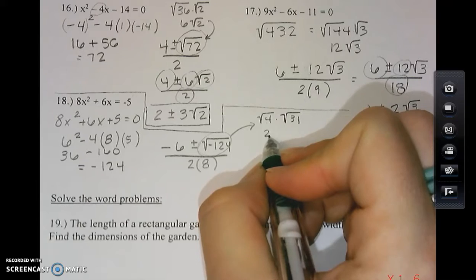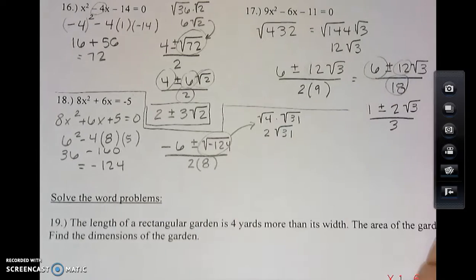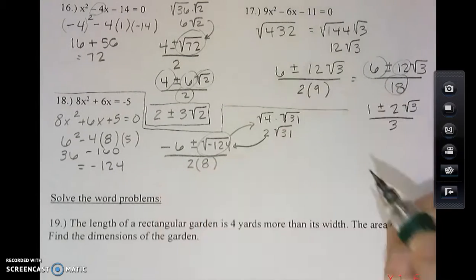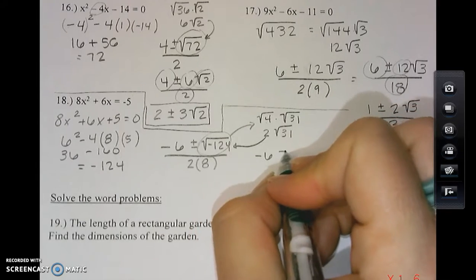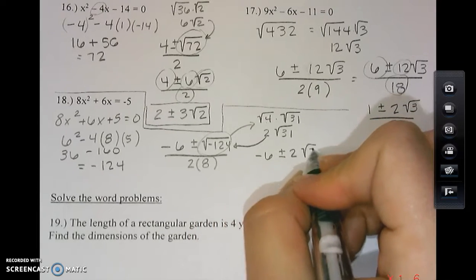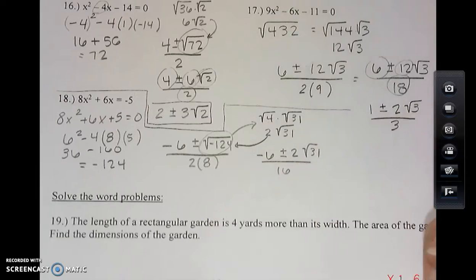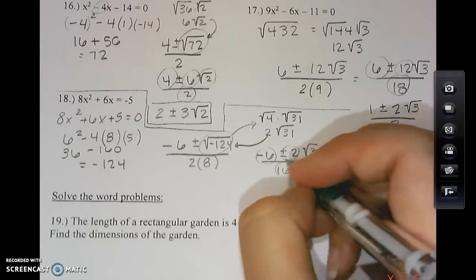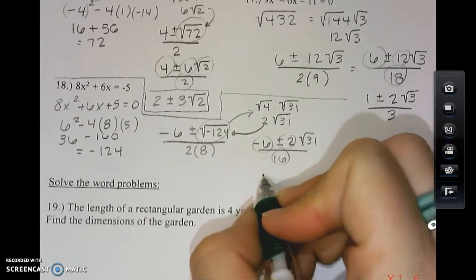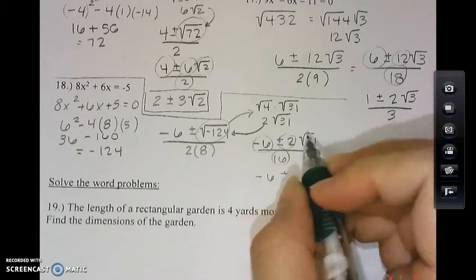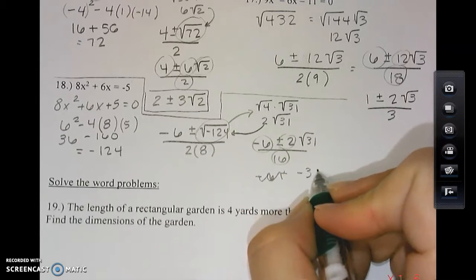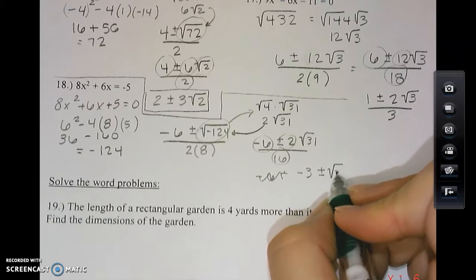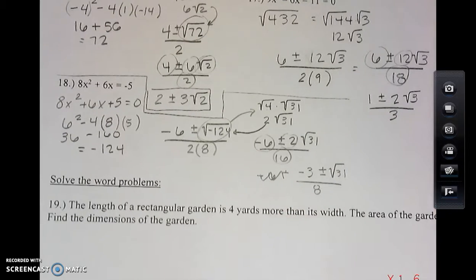Square root of 4 is 2. Square root of 31 is just the square root of 31, so we're going to replace that. So negative 6 plus or minus 2 square root of 31 all over 16. Now we look at all these numbers. We can divide everything by 2. So dividing by 2, negative 3 plus or minus square root of 31 all over 8.